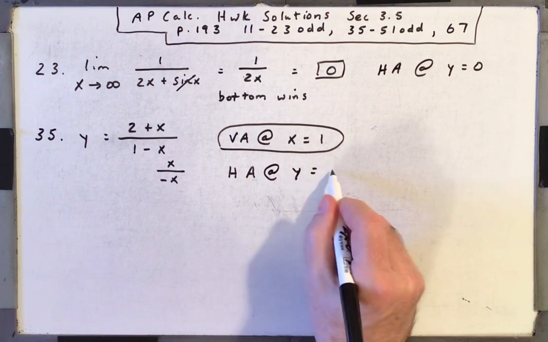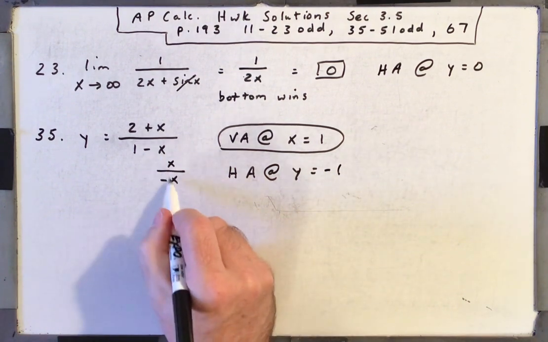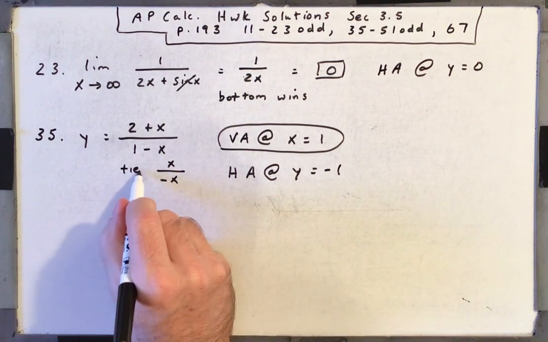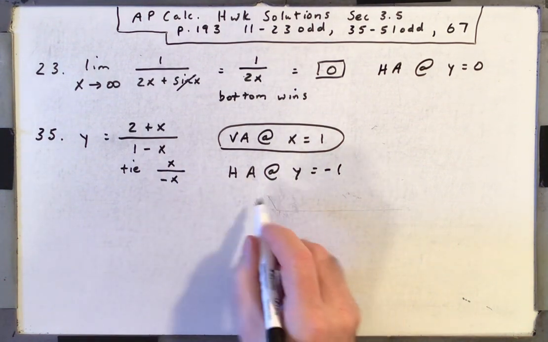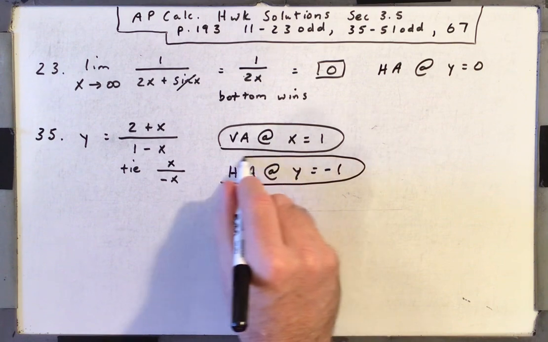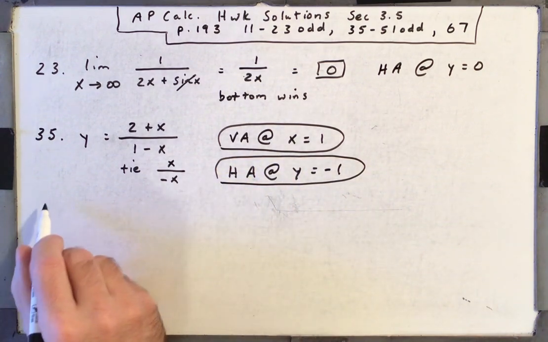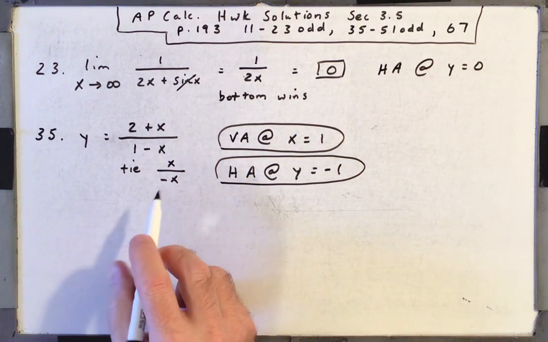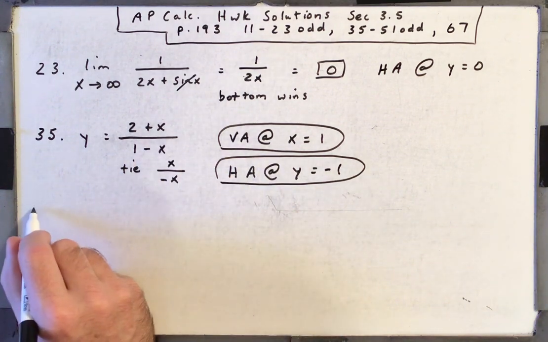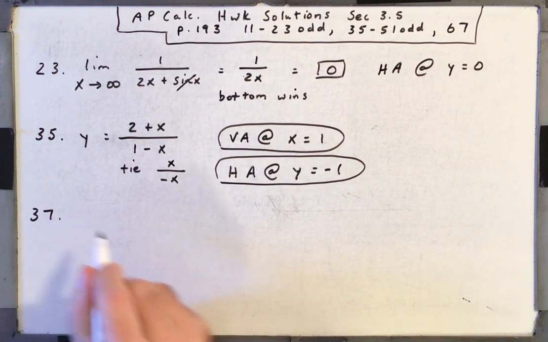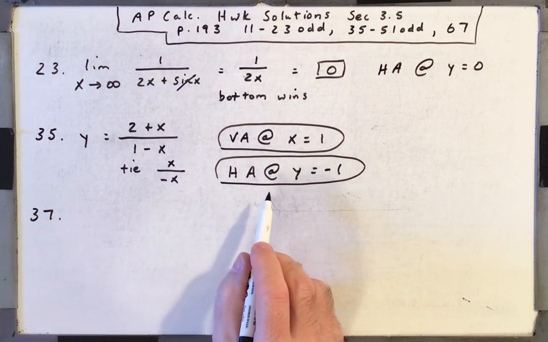So we have a tie here. The coefficients are 1 over negative 1, so we would have y equals negative 1. All right, so unless it says take the limit, you don't have to. You can just use your eyeballs, and we can determine the horizontal and vertical asymptotes.